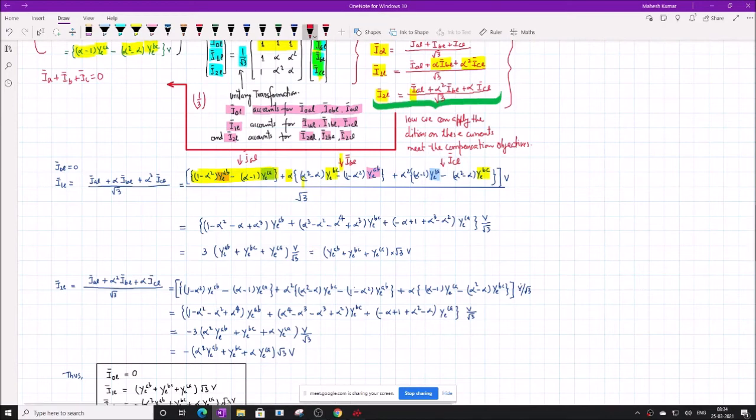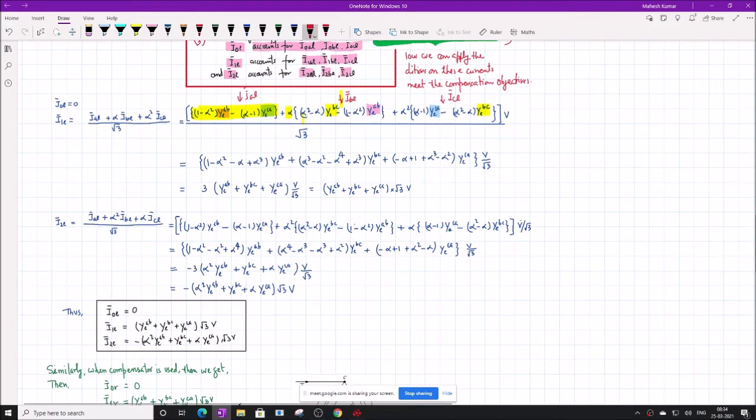Now we simplify further. Just collect the coefficients of YLAB, YLBC and YLCA. Then we will see YLAB has 1 minus alpha square from this term, and from the other term it is minus 1 minus alpha square. So this becomes minus minus plus.